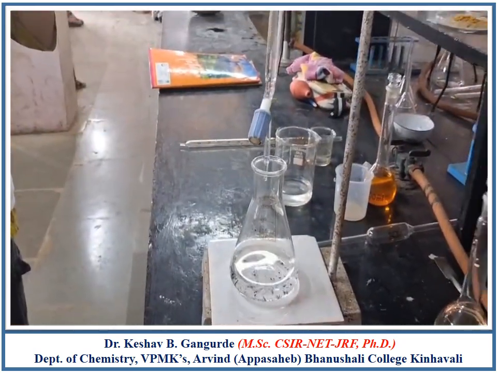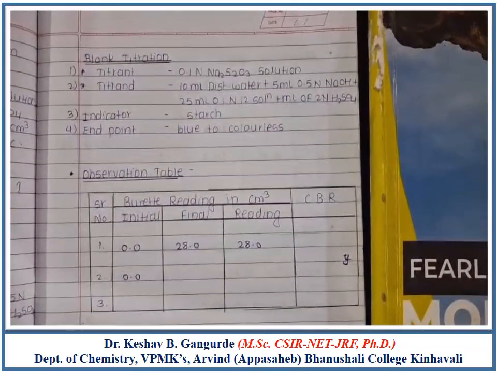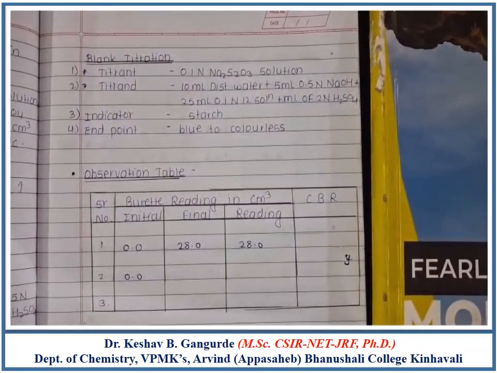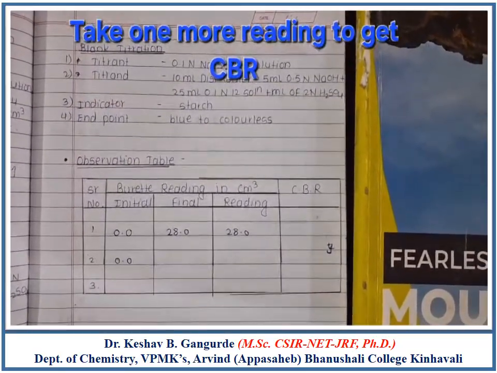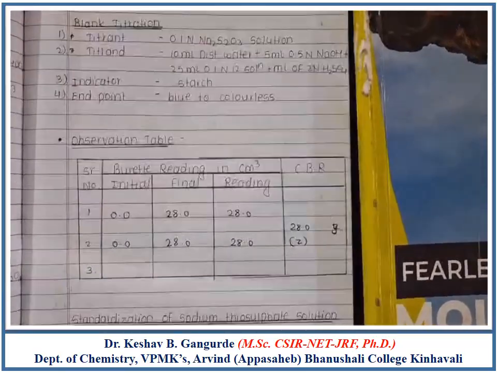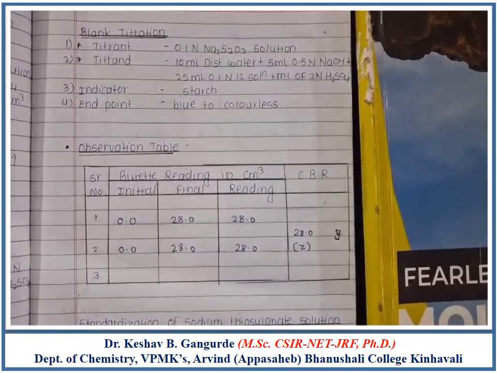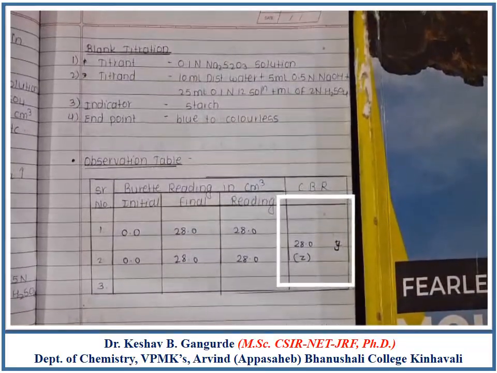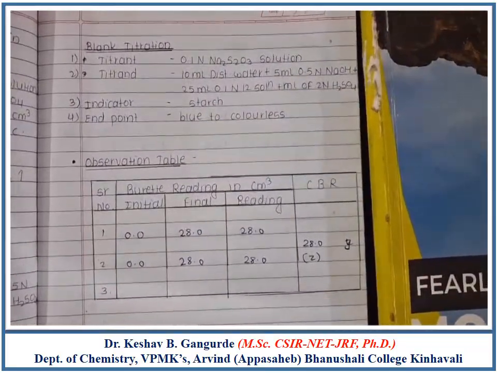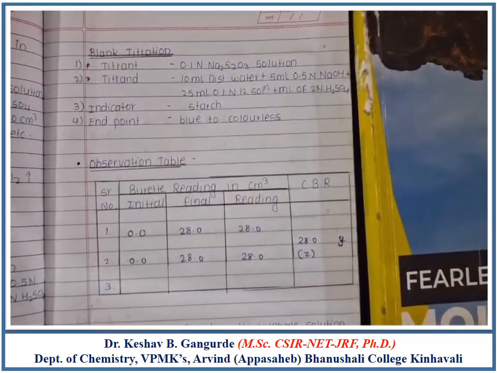Note down the burette reading, that is 28 centimeter cube. Take one more reading to get constant burette reading. The second burette reading is observed to be 28 centimeter cube. Hence, constant burette reading is 28 centimeter cube. Note this CBR as Z centimeter cube.